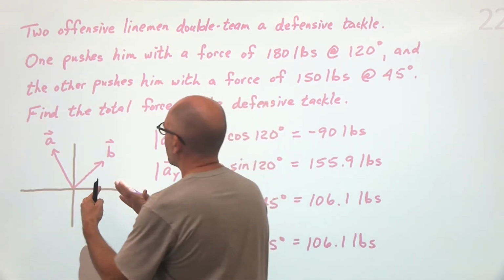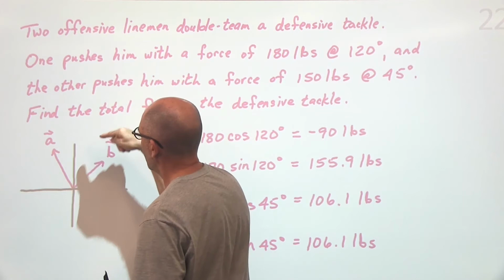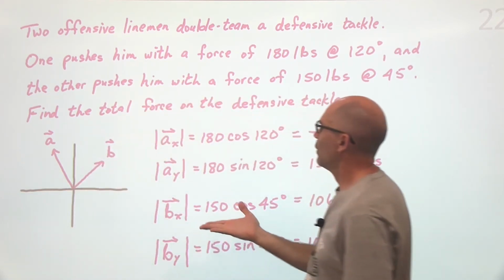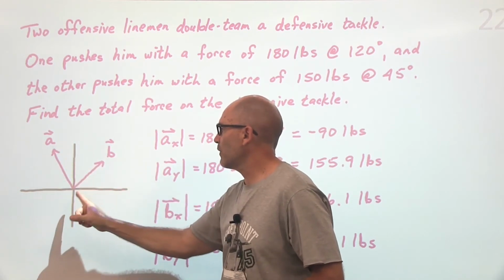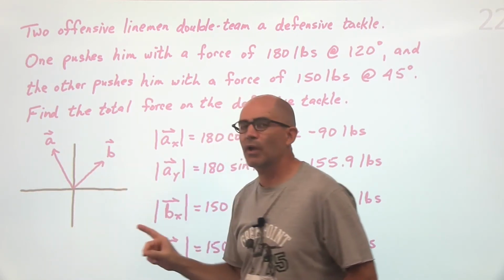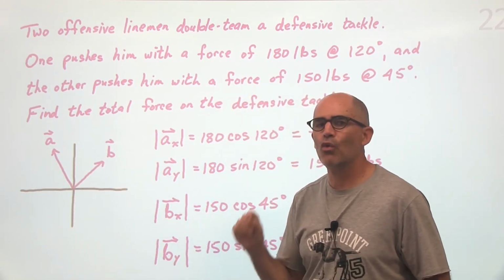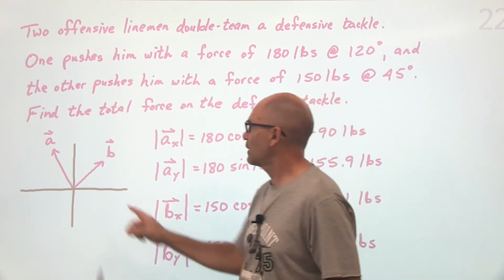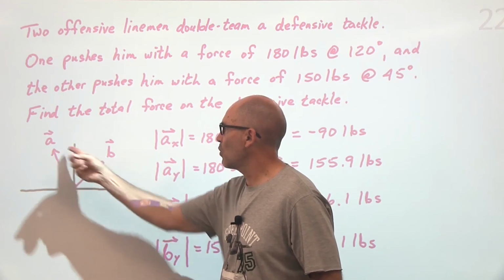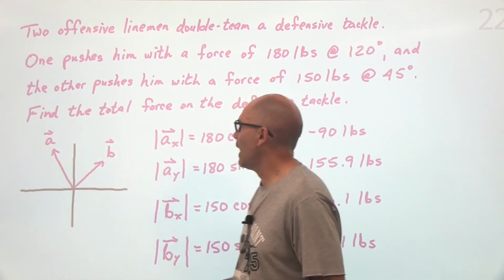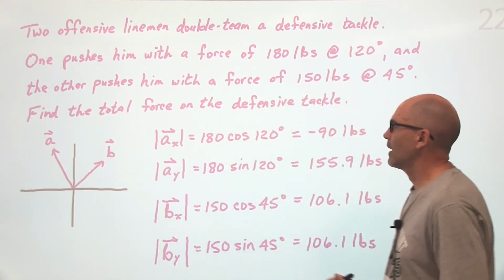They're trying to push the defensive tackle backward, but one pushes at that angle, the other pushes at this angle. What we want to know is how much total force is being exerted on the defensive lineman. So what's the total force that these two vectors are giving?